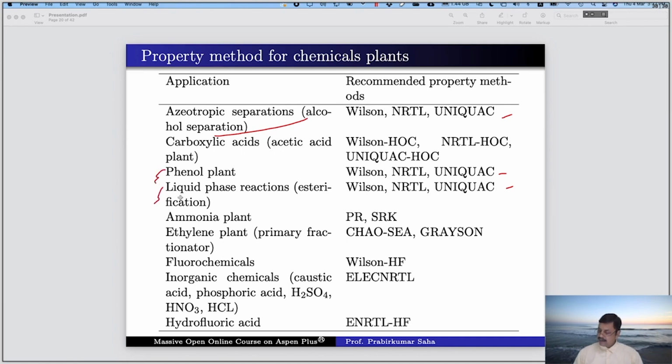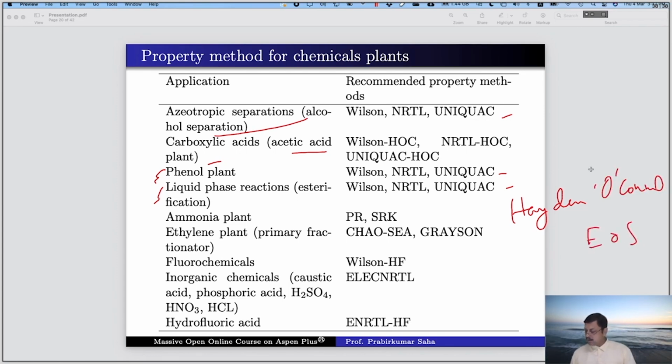And if you have carboxylic acid for an acetic acid plant, we have to use the Hayden-O'Connell equation of state method to add with Wilson, NRTL or UNIQUAC. For an ammonia plant, you can use Peng-Robinson or SRK method. For fluorochemicals, you can use Wilson and HF.